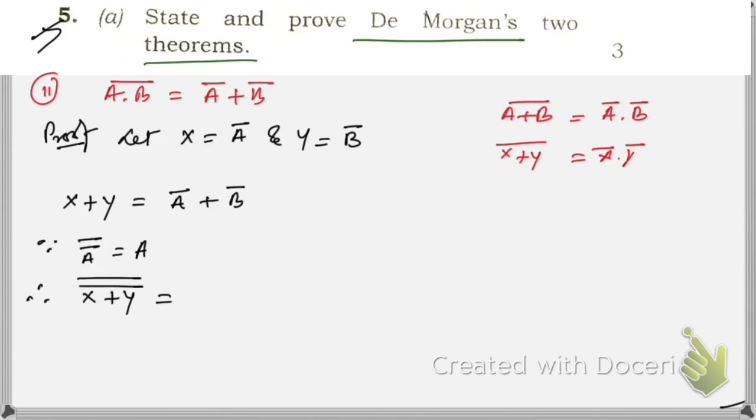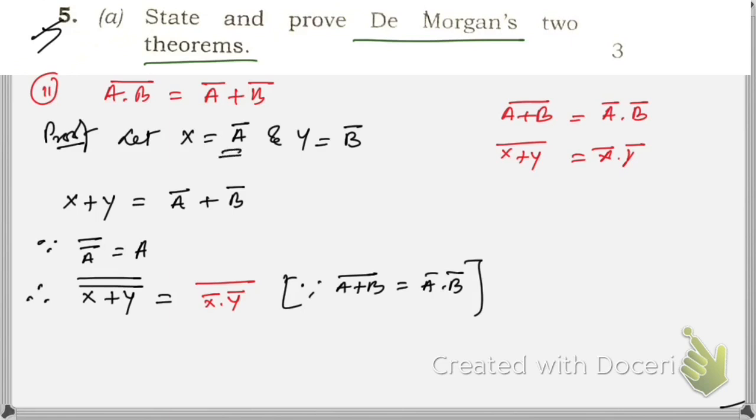So that's why we can write this as complement of (x complement dot y complement) using the first De Morgan's theorem, since (a plus b) complement is equal to a complement dot b complement. I have used this property.